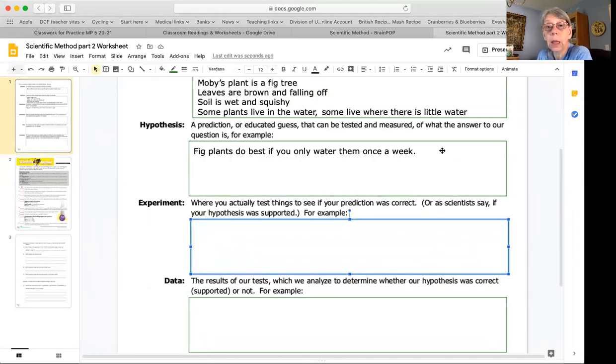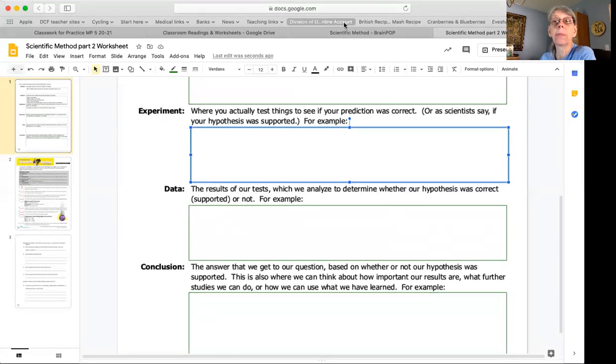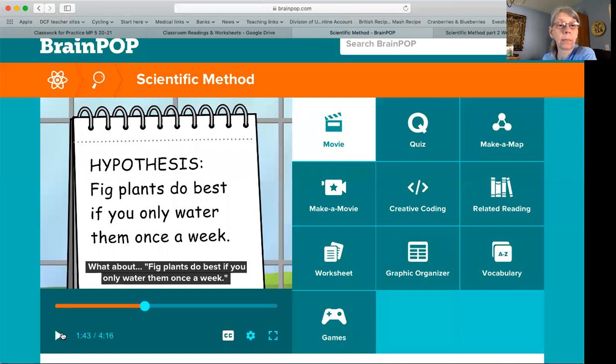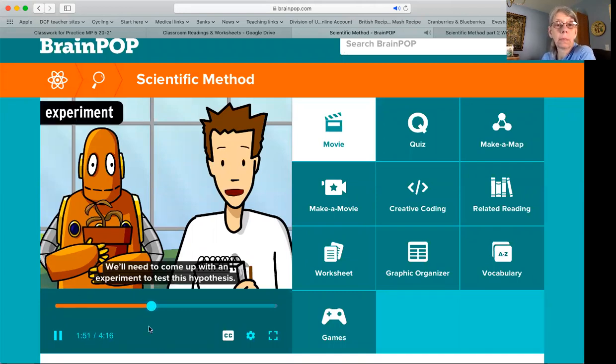Okay, so let's see what experiment they are planning on doing. Sure, it's just a guess, but after our observations, at least it's an educated guess. We'll need to come up with an experiment to test this hypothesis. Here's the plan.